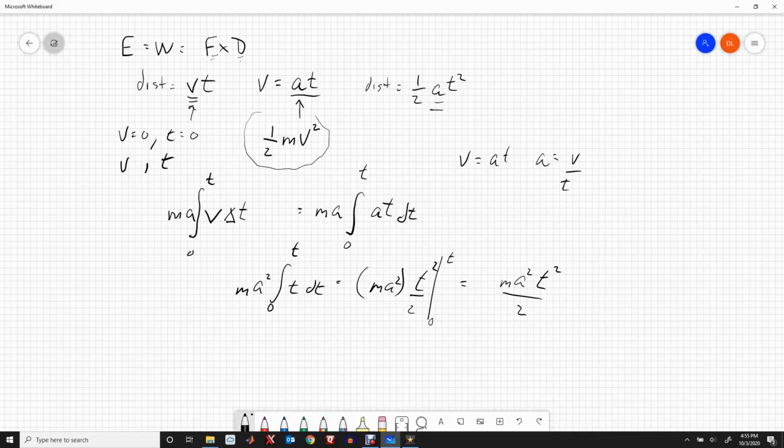And therefore a squared is going to equal v squared over t squared. So we can substitute that back in and say m v squared t squared over t squared. And we can see right away these drop out, and we're equal now to 1/2 m v squared.